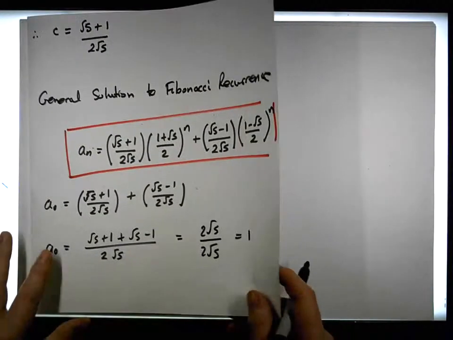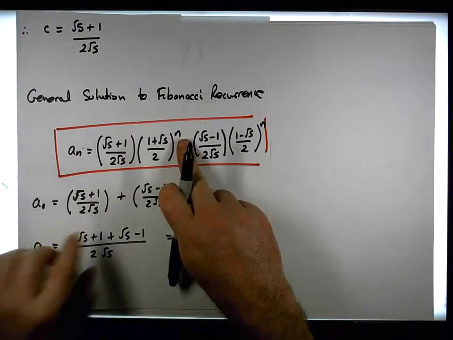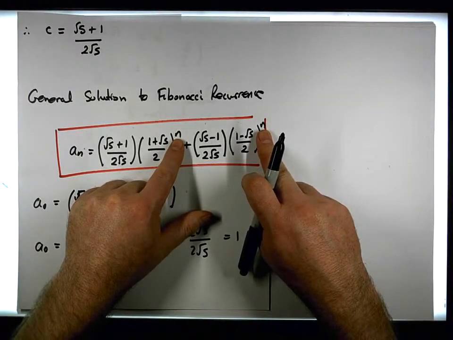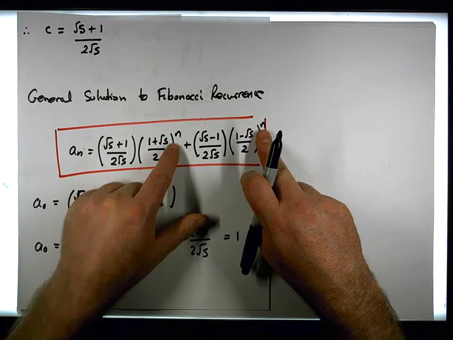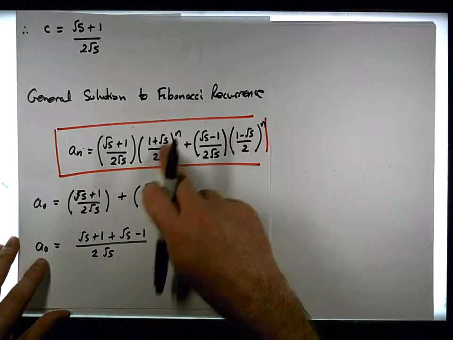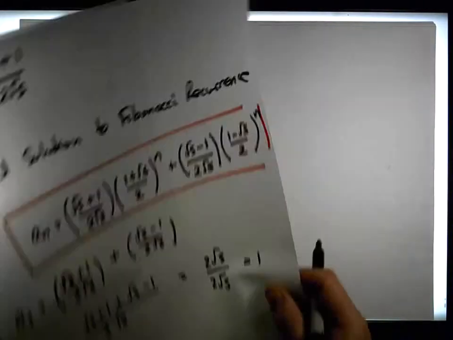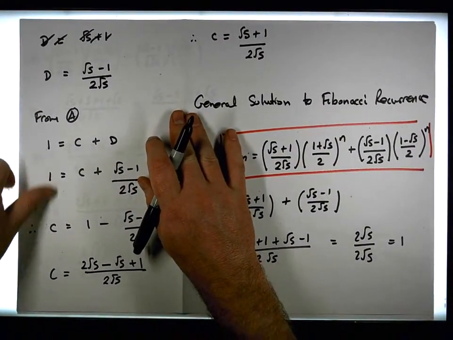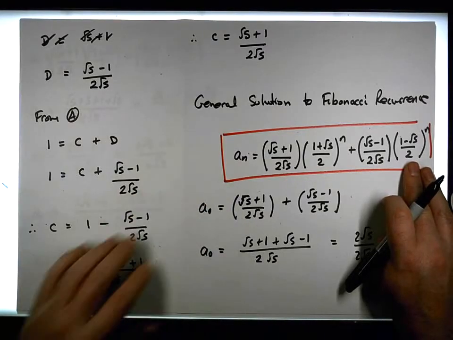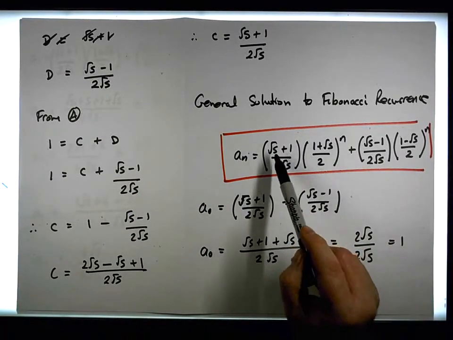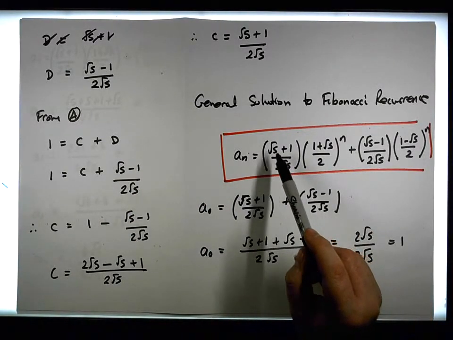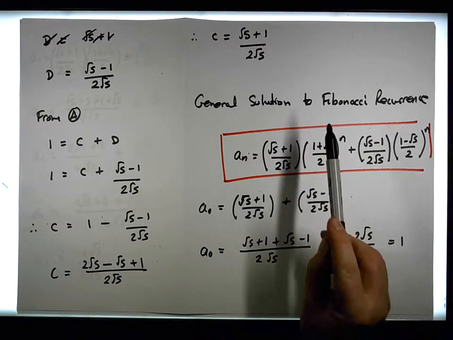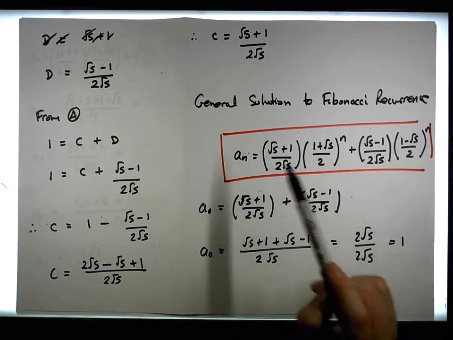It gets very, very laborious when n becomes an even bigger number because we have to expand these particular terms out. But irrespective of that, we can see that this general solution looks very complicated. An amazing thing about it is that we have surds here, all of these roots, and we know that the Fibonacci sequence itself is just natural numbers.